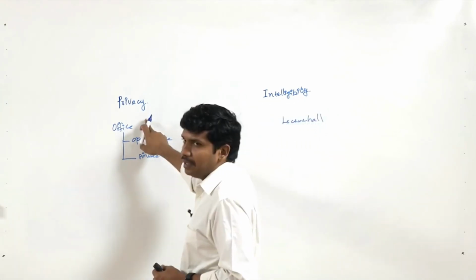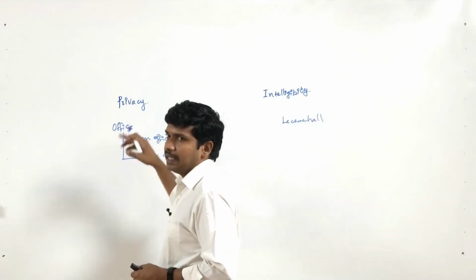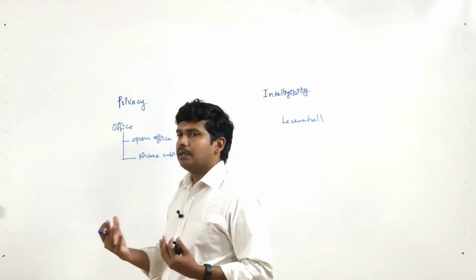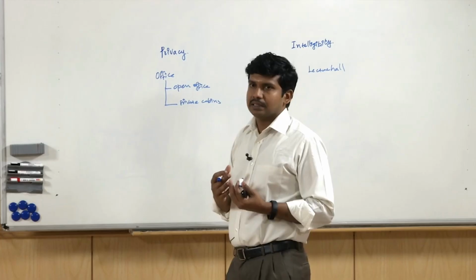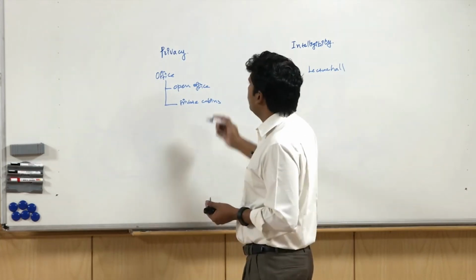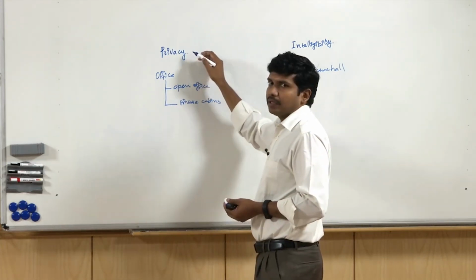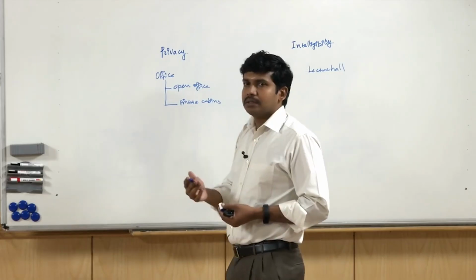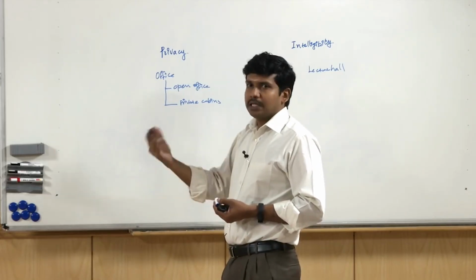In offices you will require acoustic privacy. Whatever a person talks to another, a conversation or a telephonic conversation or a discussion, the main criterion here is to make sure this conversation is not heard by the next person.